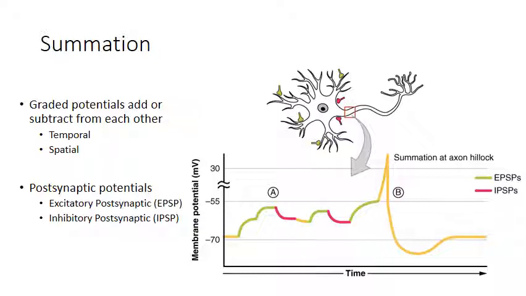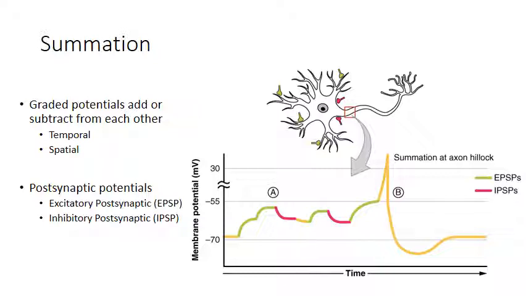The last little thing that I want to talk about combines the idea of neurotransmitters with what's going on when they reach the postsynaptic cell. So we know that our typical resting membrane potential is minus 70 millivolts and our threshold is minus 55 millivolts. Anytime we get a voltage change towards the threshold, we are increasing the chance of an action potential happening.